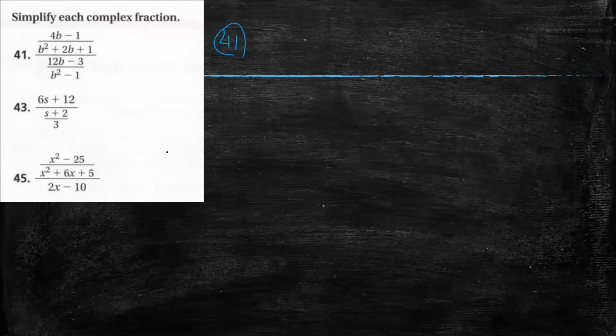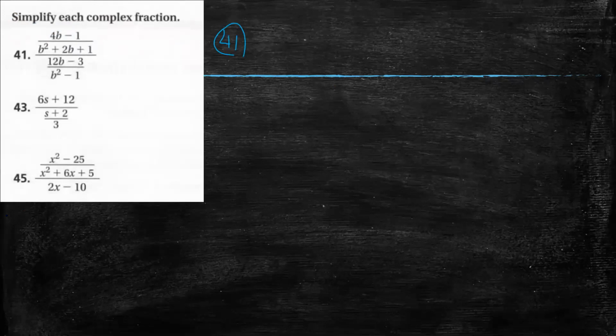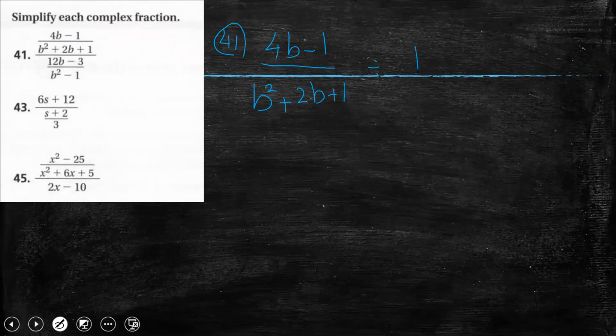Now 41. Here we have 4b minus 1 over b squared plus 2b plus 1 divided by 12b minus 3 over b squared minus 1. Now what do we have to do?